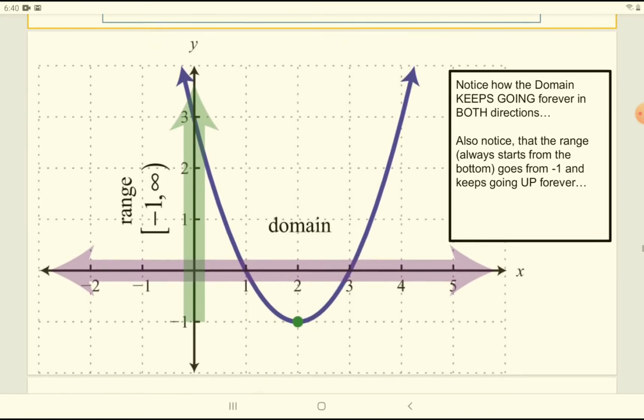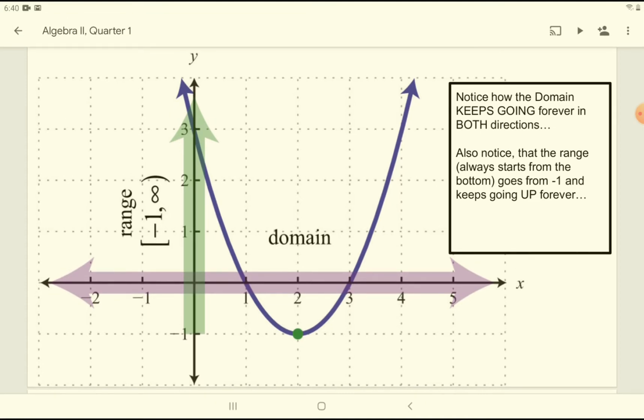Here's another one. So, it's another parabola. It has the domain in purple going left and right on the x-axis, and then it has the range going up and down on the y-axis in green. In the box, it says, notice how the domain keeps going forever in both directions, right? So it doesn't stop at those arrowheads.